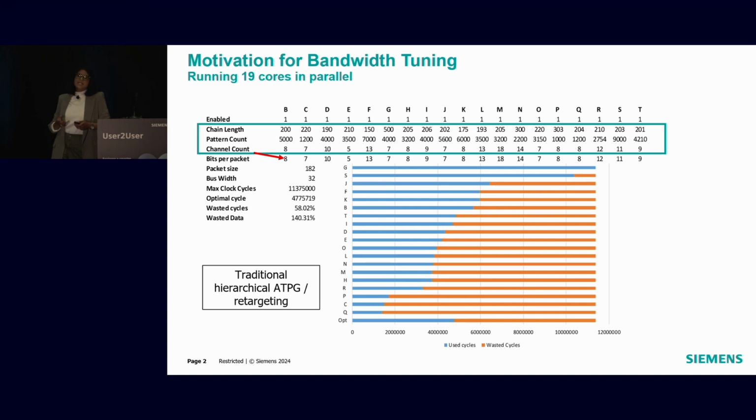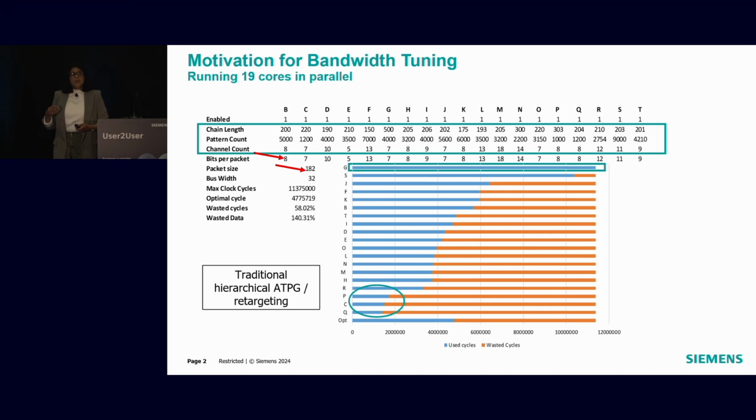Another thing I need you to focus on is this: if the packet size was 182 and you were using that packet size, you see that core G ends up finishing last, whereas if you focus on the bottom side of the slide, cores P, C, and Q finish testing really quickly.